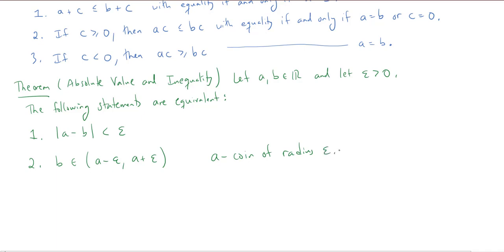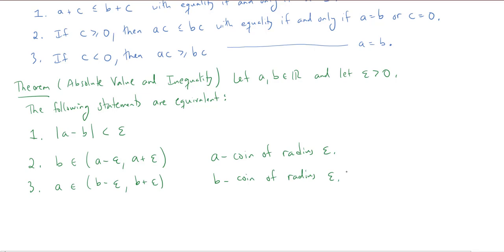Okay, so if A and B are within epsilon of each other, then B is in the A coin of radius epsilon. Of course, there's nothing particularly special here about B versus A. This is equivalent to saying that A is in the interval (B minus epsilon, B plus epsilon), which is the B coin of radius epsilon.